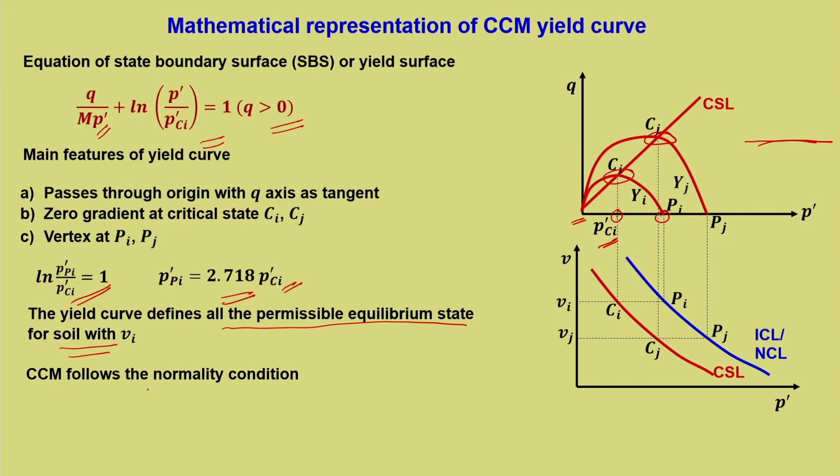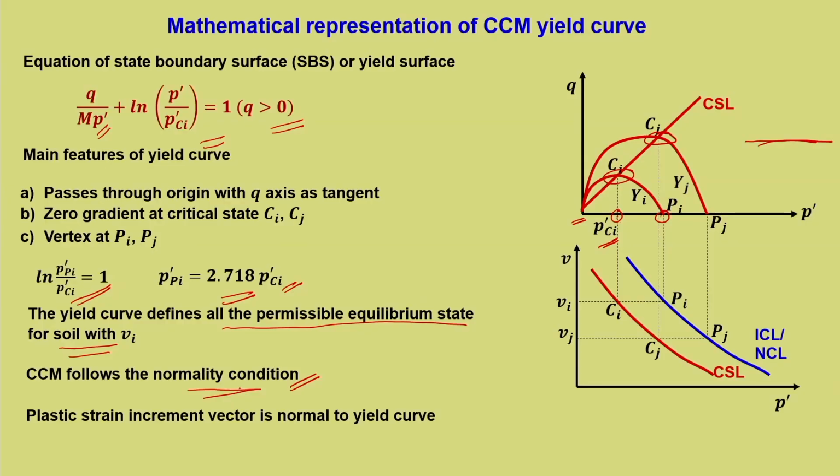Now, CCM follows the normality condition. The critical state model follows the normality condition. And what is the normality condition? Again, this has to come from the discussion of the plasticity behavior of soil. If somebody is interested in knowing more, I strongly advise you to go through the plasticity behavior of soil in a specific textbook, especially the textbook by Potts.